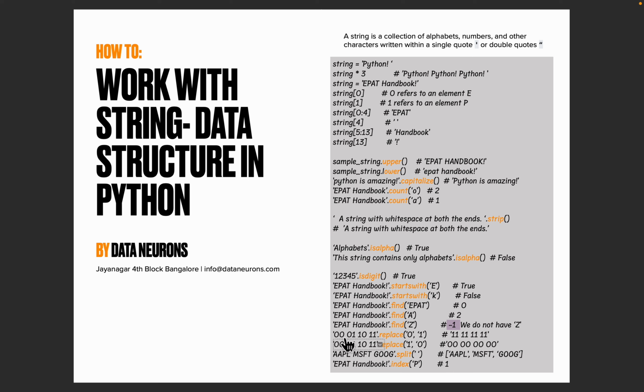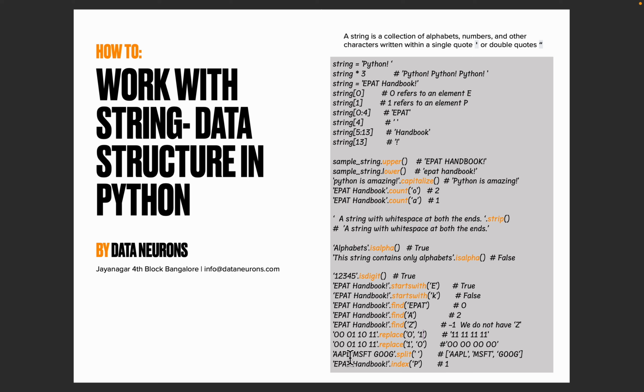Now, you have some digits inside the quotes and you want to replace 0 with 1. You call dot replace. Wherever 0 is there, all will get replaced with 1, so your output will become 1, 1, 1, 1. Similarly, if you want to replace 1 with 0, you get 0, 0, 0, 0.